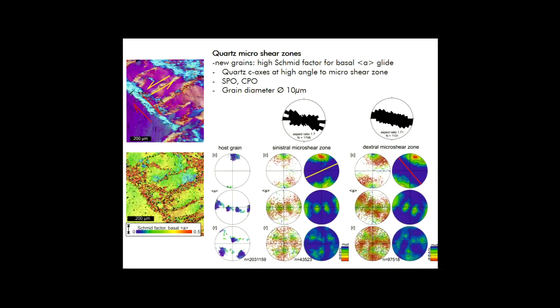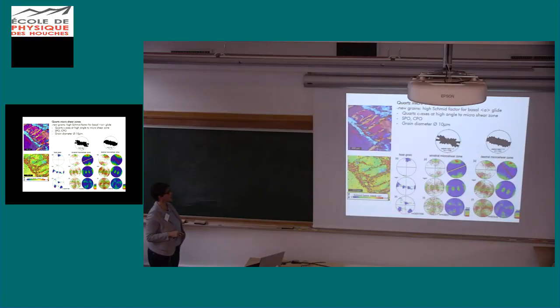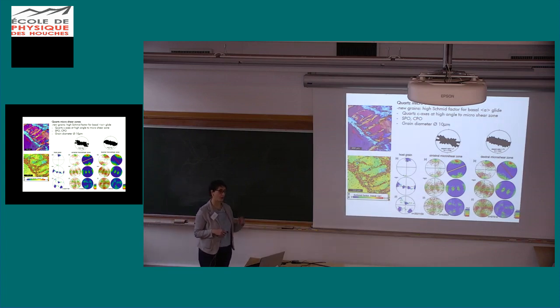When we zoom in within these little quartz shear zones, we see a systematic difference. In sinistral shear zones, the C-axis is also moved to the sinistral side, and in the dextral shear zones, we see a systematically different crystallographic orientation.